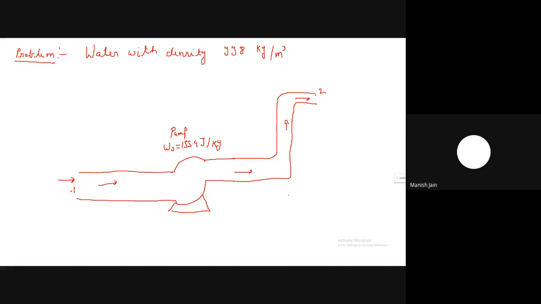Now the difference in height between point 1 and point 2 is 3.05 meter. The pressure at point 1, P1, is equal to 68.9 kilonewton per meter square.